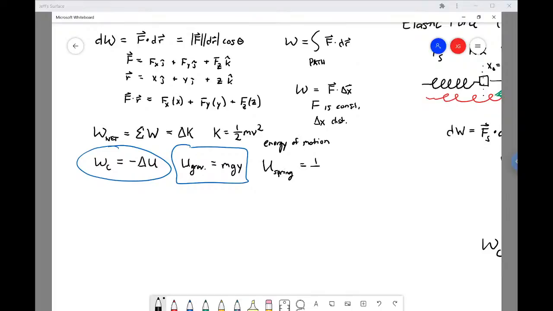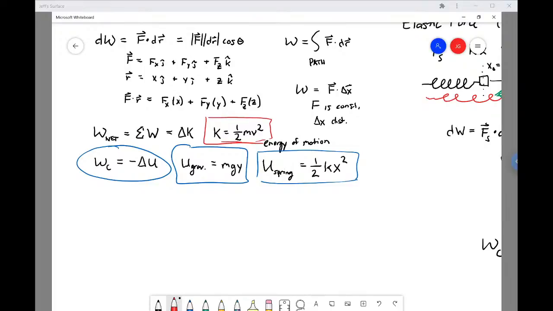We find that that's equal to 1/2 kx squared. Looks a lot like kinetic energy, doesn't it? 1/2 kx squared, but it's not the same. It's a k, not an m. It's an x, not a v. Put that in its box. Maybe I'll put kinetic energy in a different colored box.